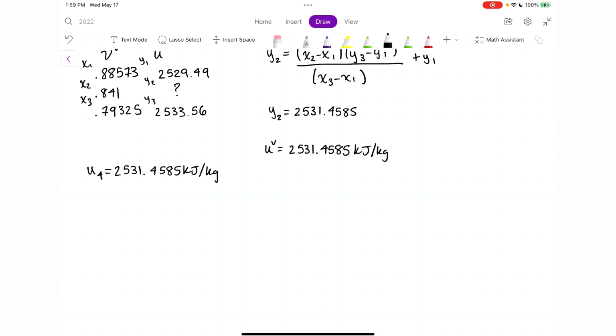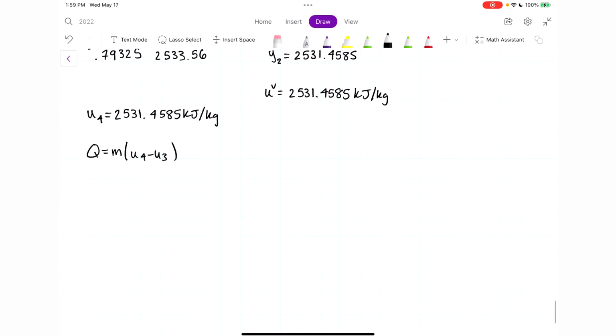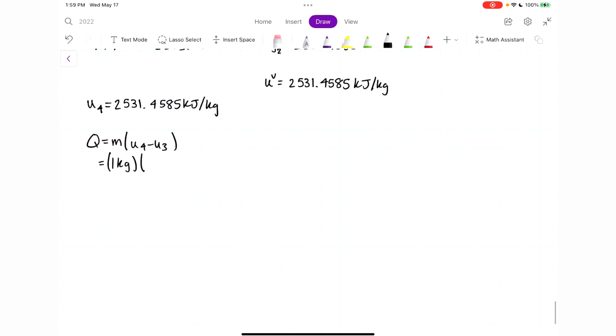From state 3 to state 4, we can use the formula Q is equal to M times U4 minus U3. We plug everything in. Mass was 1 kilogram. The specific internal energy of state 4 is 2531.4585.